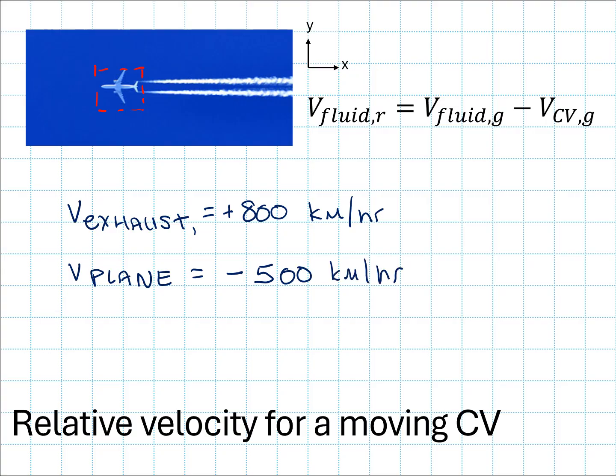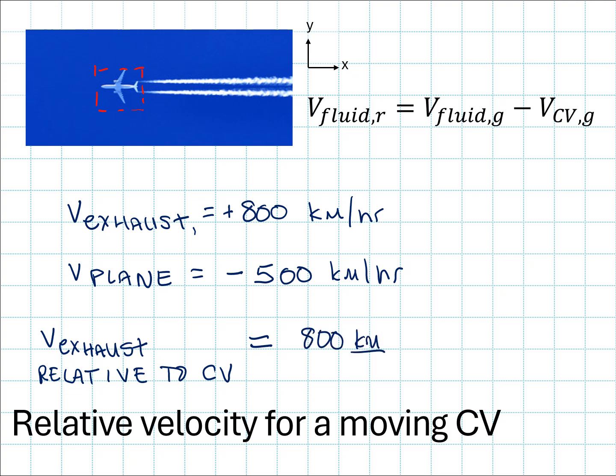So now, if I want to know the velocity of this exhaust relative to the control volume, then I take my velocity of the exhaust, my positive 800 kilometers per hour, and I have to subtract the velocity of my control volume, my negative 500 kilometers per hour.